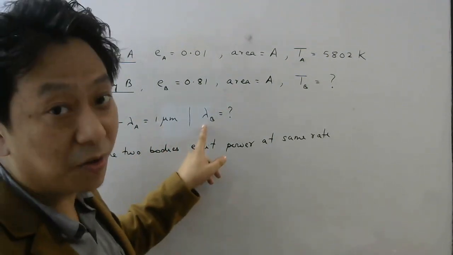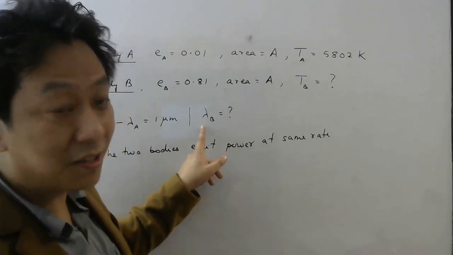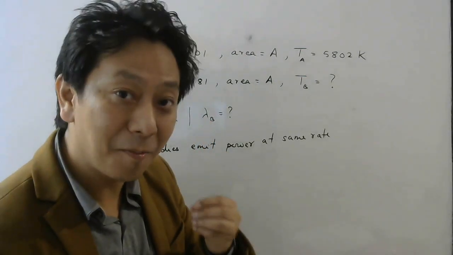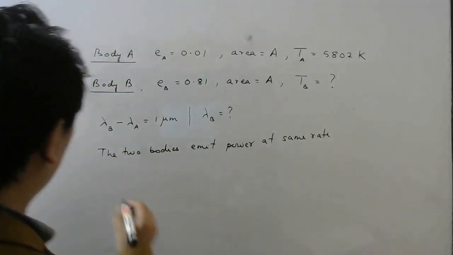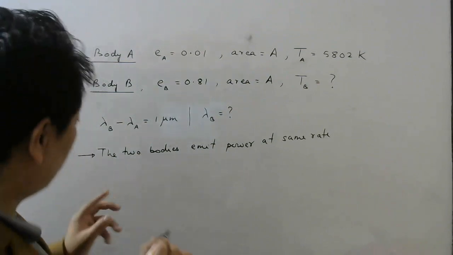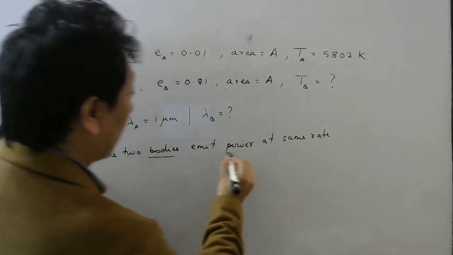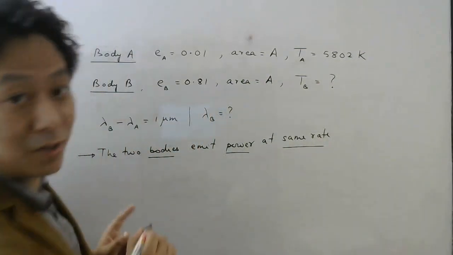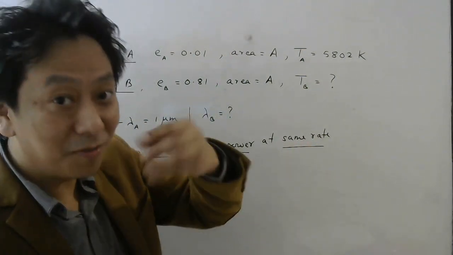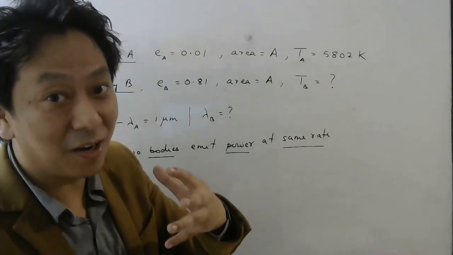And we have to find the wavelength of the radiation emitted from body B at which intensity is maximum. Now, this is the most important part which you need to catch from the question. They also told the two bodies emit power at the same rate. So if they emit energy at the same rate, what does it mean?